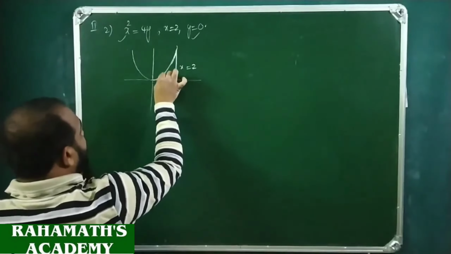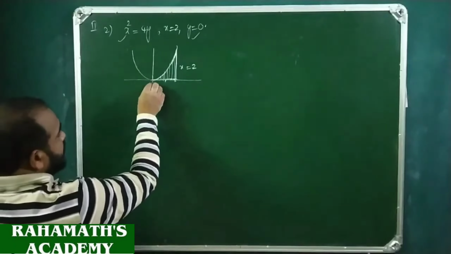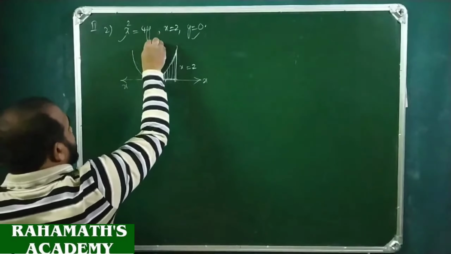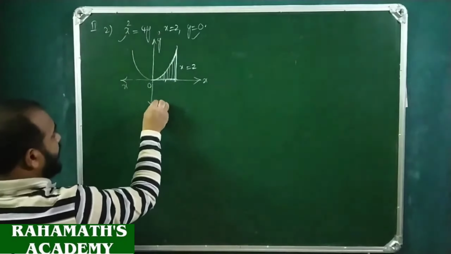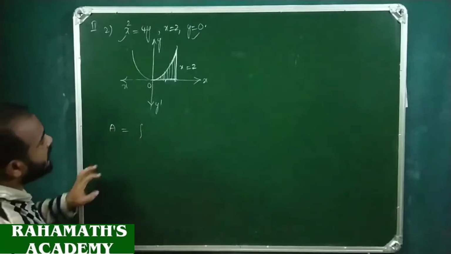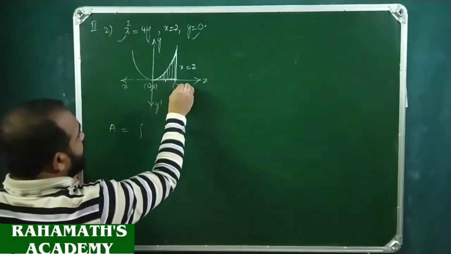So this area is what we need to find. So this is 0, positive x-axis, negative x-axis, positive y-axis, negative y-axis.